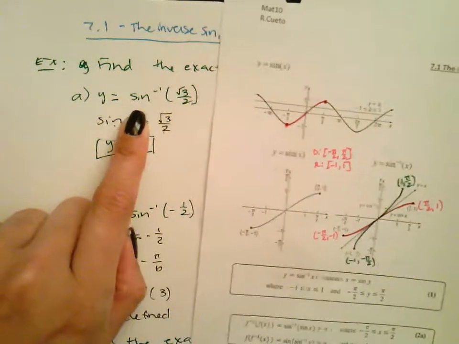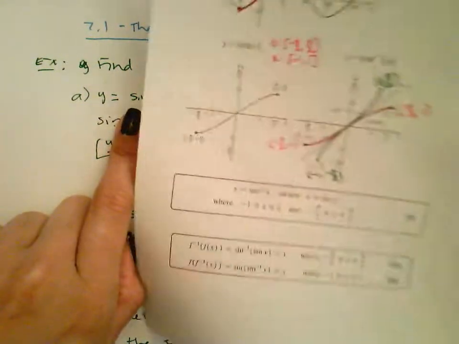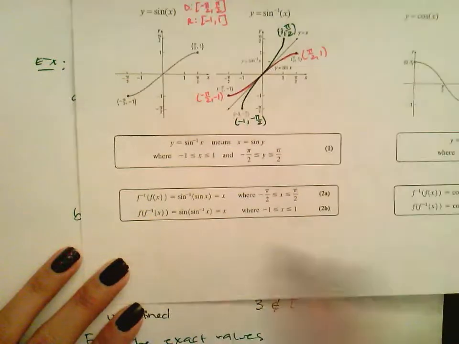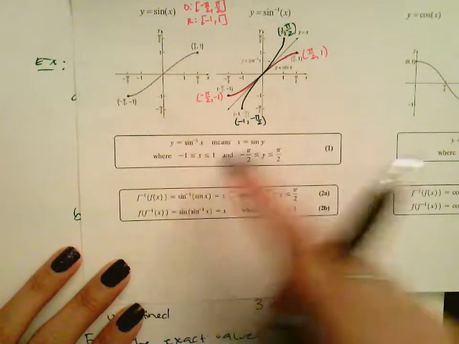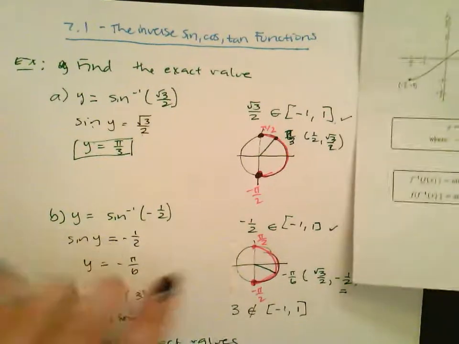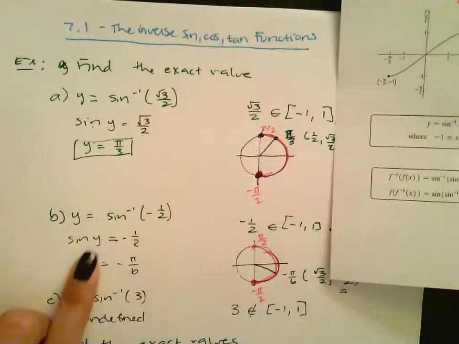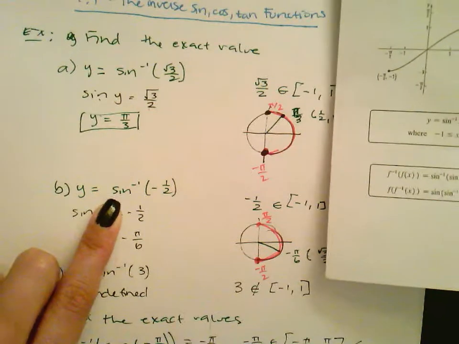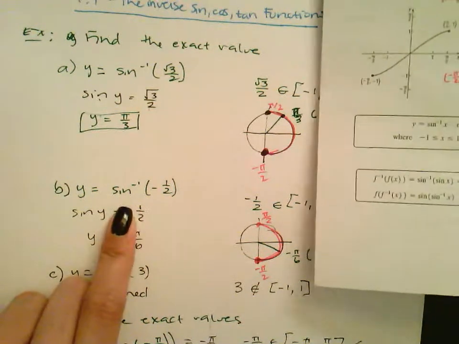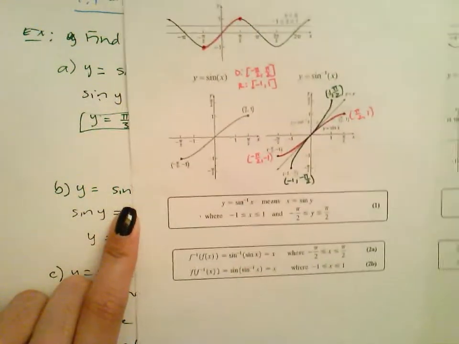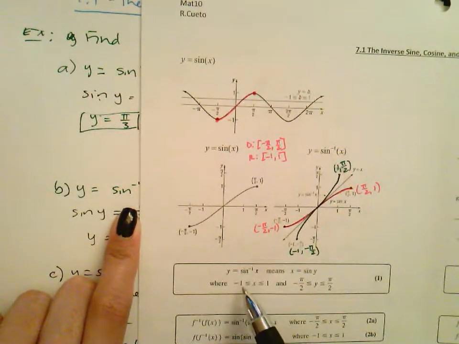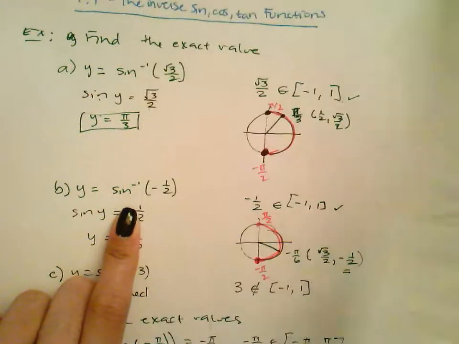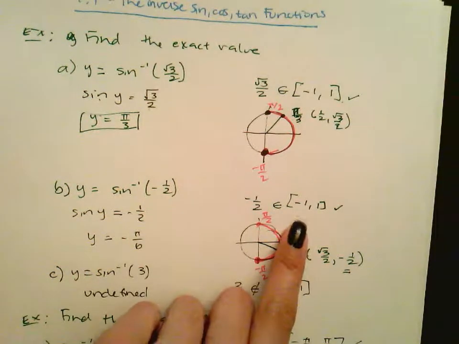Because my input is within the sine inverse function, and we know the input is between negative 1 and 1. This is also a sine inverse function, so the input x is between negative 1 and 1, so this negative 1/2 has to be between negative 1 and 1.